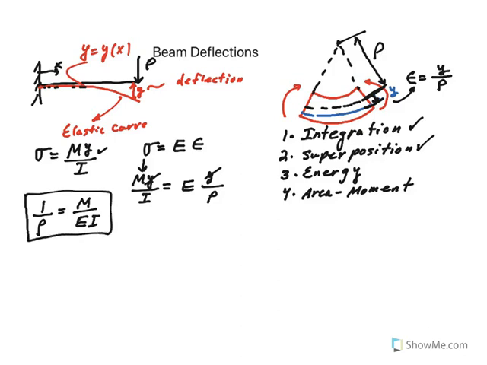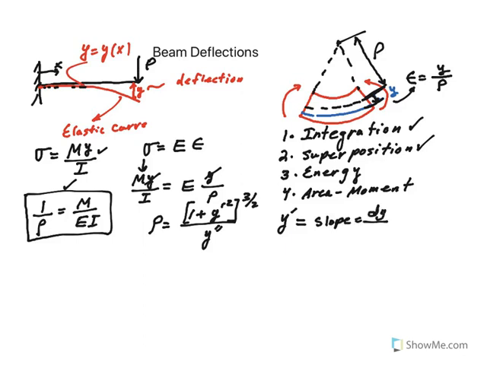And this basically becomes our differential equation of the elastic curve. Of course, not in this form; I have to add something to it. If you go back in your notes, you will see this equation somewhere. Now, you also know, probably from dynamics or some other course, that the radius of curvature can be determined by using this equation: 1 over rho equals y double prime divided by (1 plus y prime squared) raised to the power 3/2. Now y prime represents dy/dx, which is the slope.